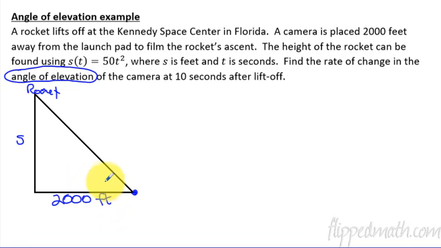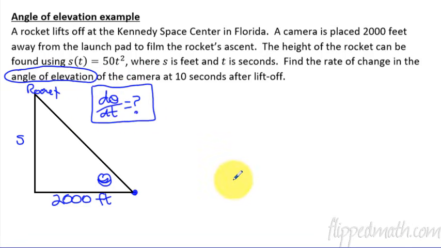That's what we're looking for, this angle of elevation of the camera. So we'll call it theta. So what we're looking for is d theta/dt. In fact, I'm going to move that over here a little bit to keep it out of the way. d theta/dt equals question mark. That is what I'm looking for.